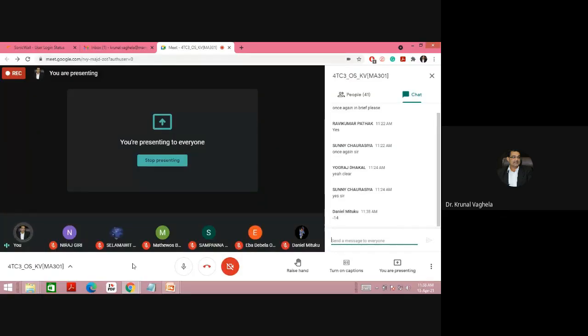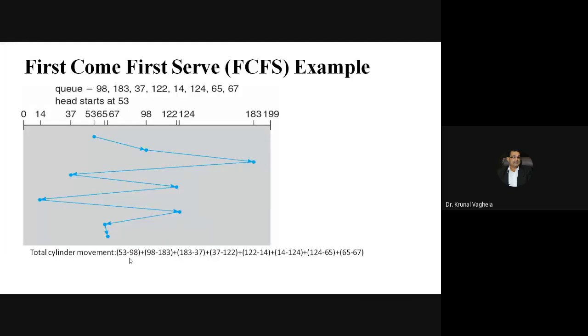It will never be minus. That's why I'm telling you, consider every number as plus. That's why I told you do 98 minus 53, 183 minus 98. Or if you do 53 minus 98, then always take it as plus.